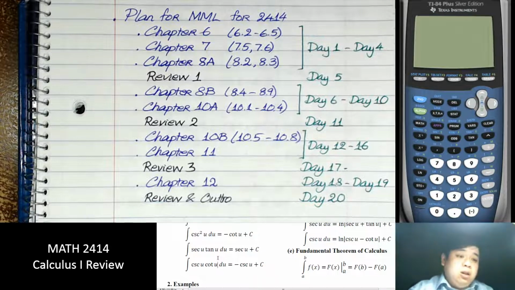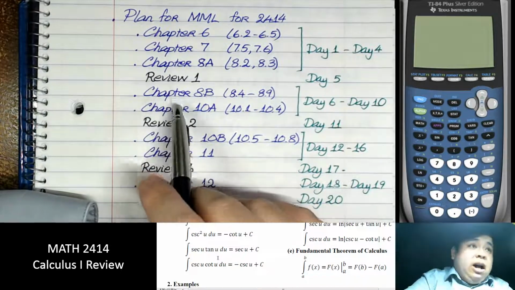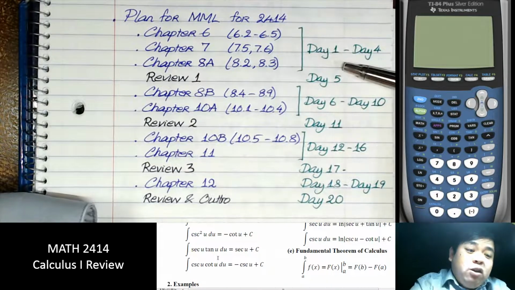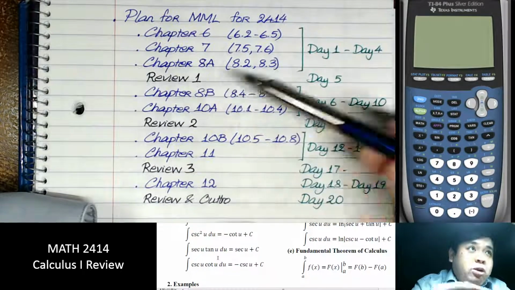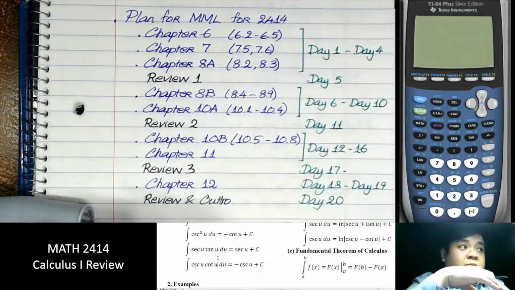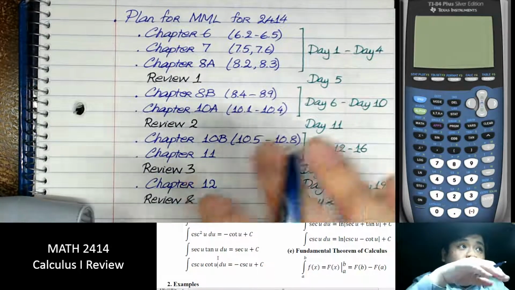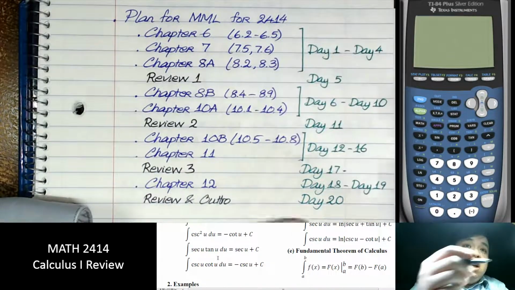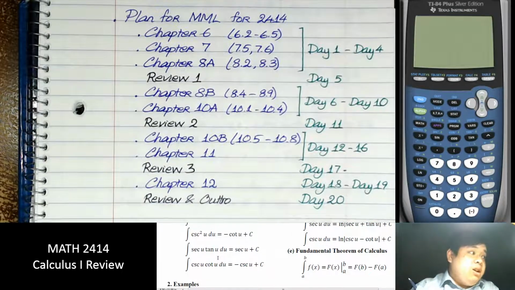So this is the plan. Except that I didn't put the review for calculus here. So we spend the first 4 days including the review. By the way, since we have the lecture here, whenever you take the test, the test is going to be online. We will not spend any Monday, Wednesday, or Friday particularly on the test.